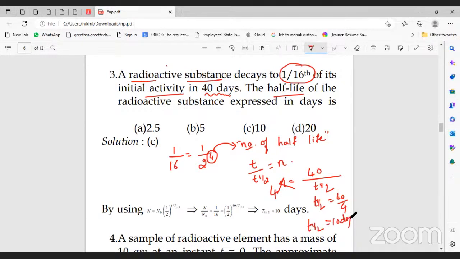It is 10 days. So which is the right option? Option C.